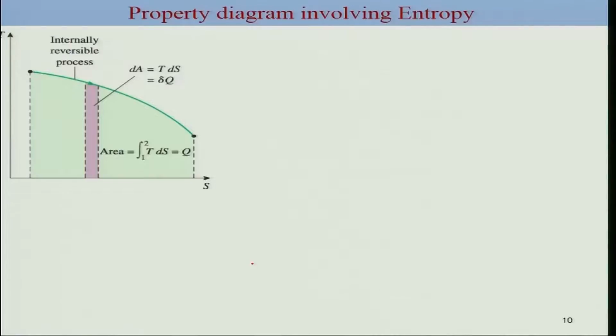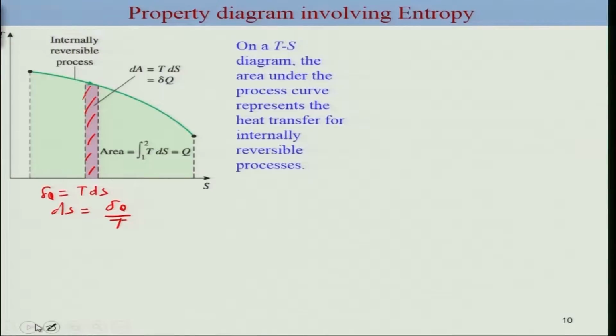This is an illustration of your TS diagram, where this curve is of course the internally reversible process, and this area here would be nothing but your TdS. This TdS would be your delta Q, considering ds for the internally reversible case is nothing but delta Q by T. You can analyze your differential heat transfer to the system.